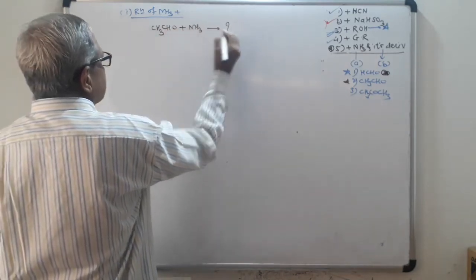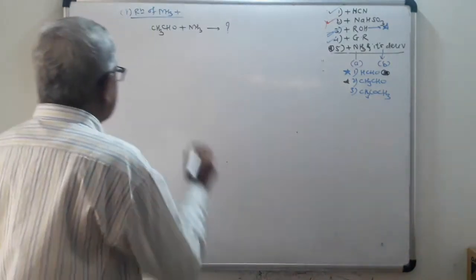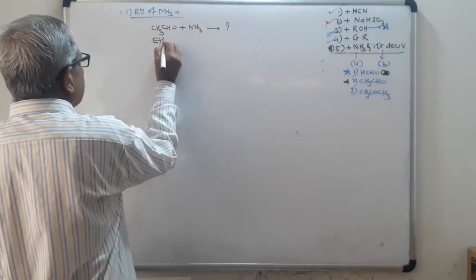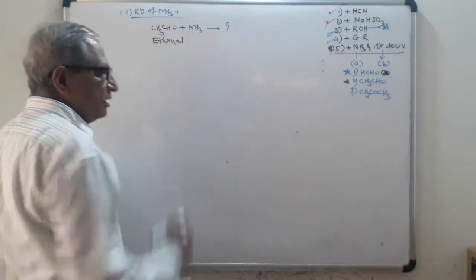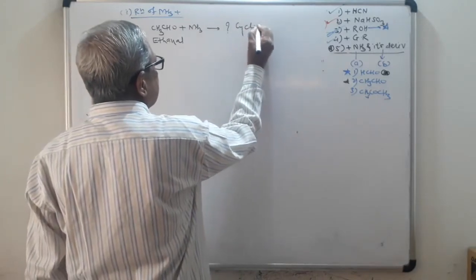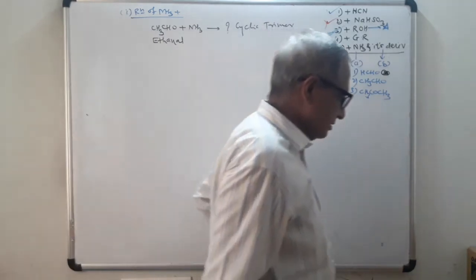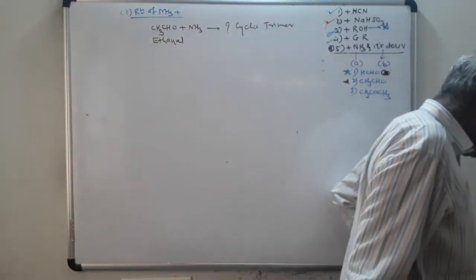And here is the question: when ammonia is treated with acetaldehyde, what results? The answer is a cyclic trimer. It gives a cyclic trimer, and see the cyclic trimer here.